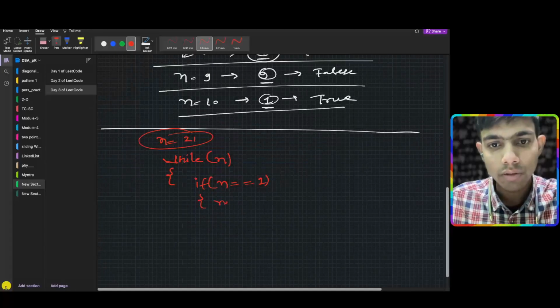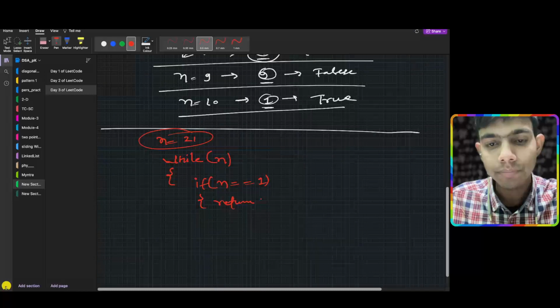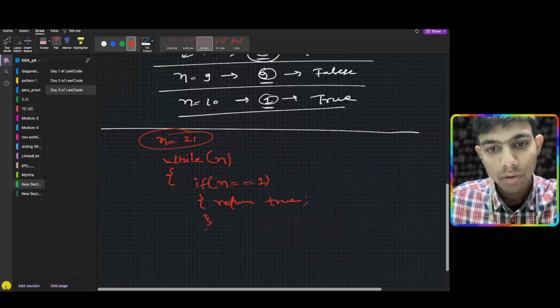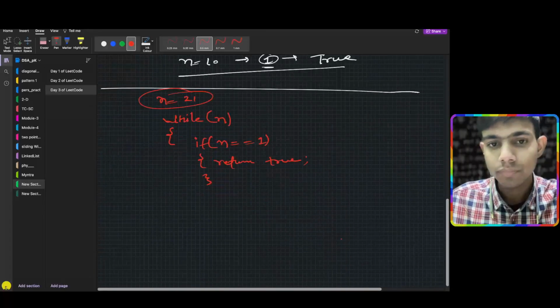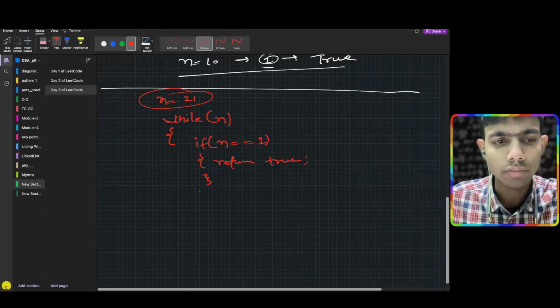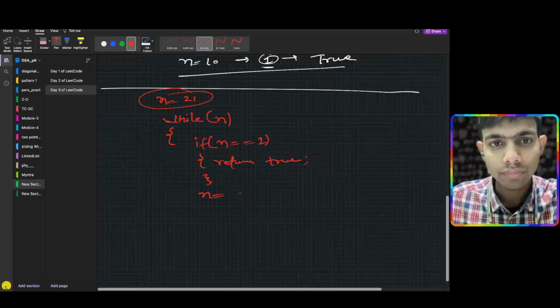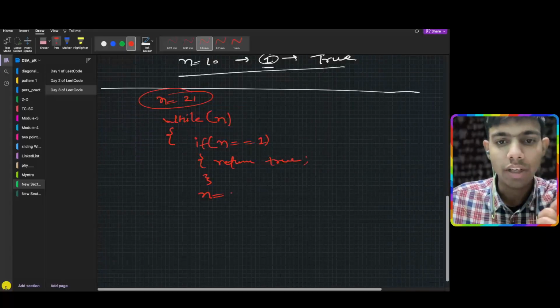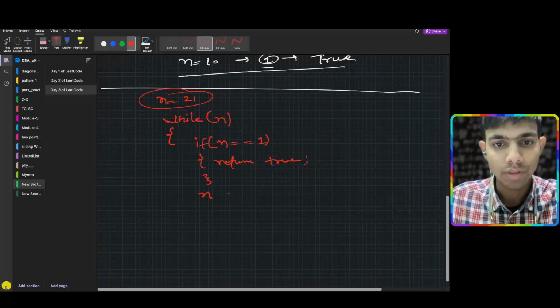If yes, return true. Else, or just not else, let's do it as it is. n is equal to, not like this. Actually, we need a loop, guys, to do this thing.